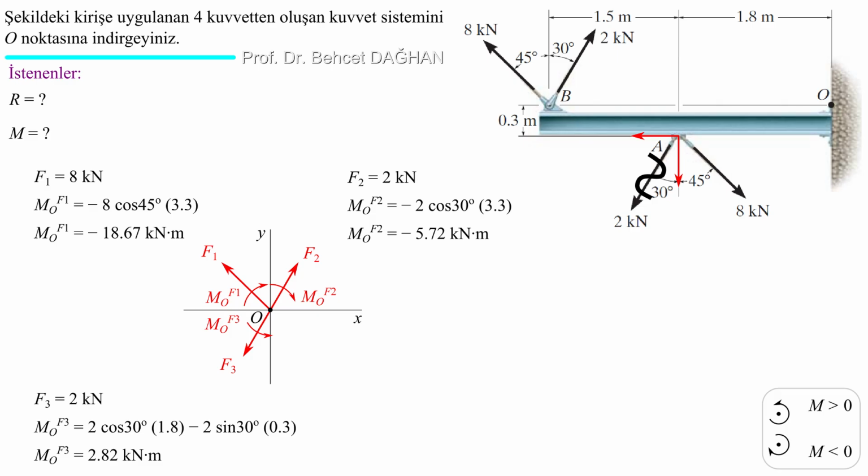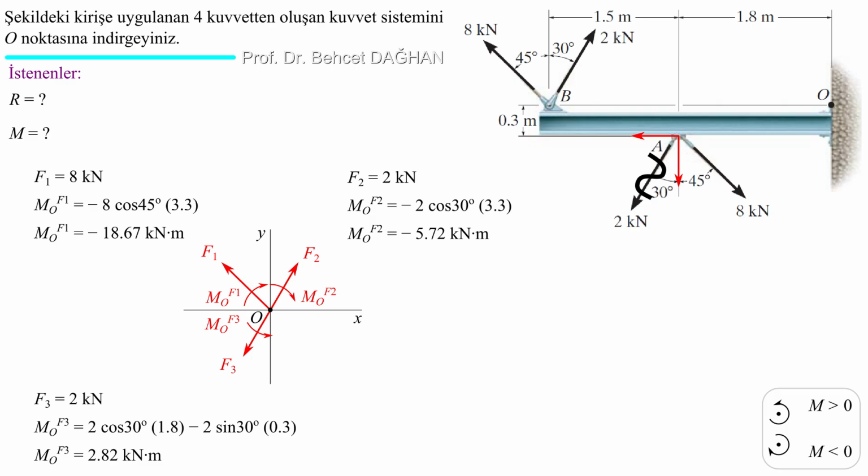The moment of this couple is equal to the moment of the 2 kilonewtons force at point A about point O. I also use Varignon's theorem when finding this moment. I shift it to point A and resolve it into two rectangular components. I'm summing up the moments of the rectangular components. I have found the moment of the 2 kilonewtons force. It was also 2.82 kilonewton meters.